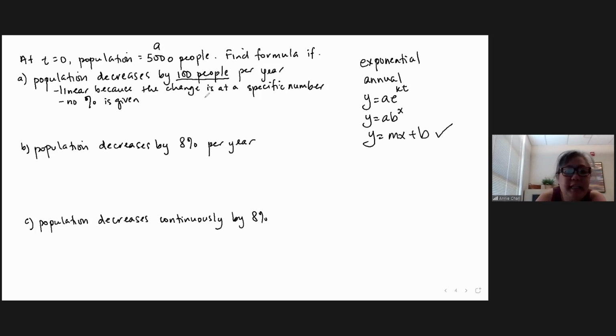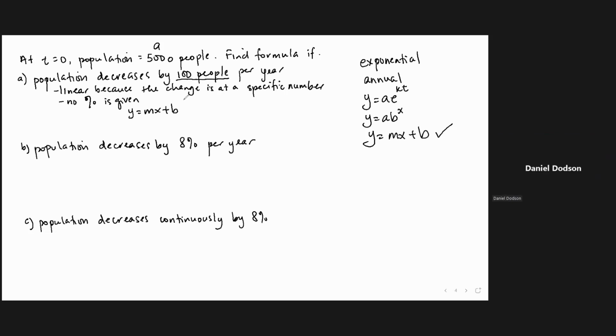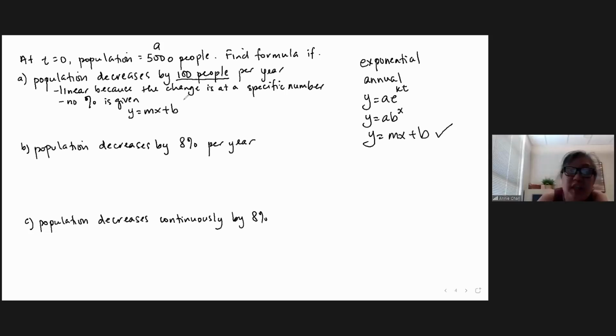So if it is linear, then what is this 5,000 people? It'd be your value for b. Yes, it's your initial. Initial will be when x is equal to 0. X usually tells time, right? So your 5,000 is going to be your b. And what is your m?